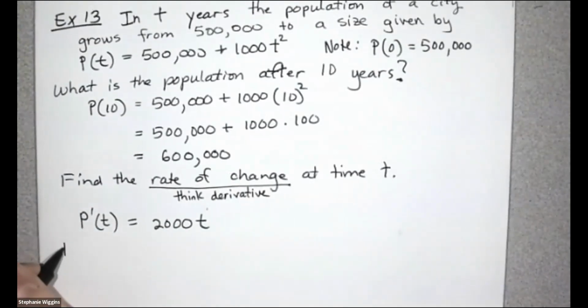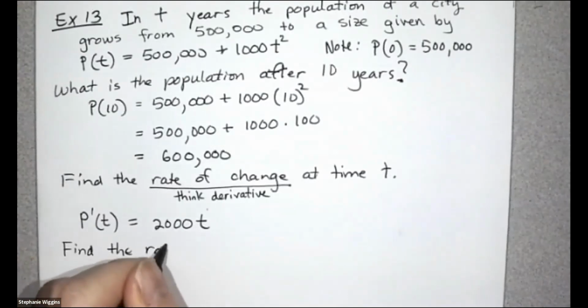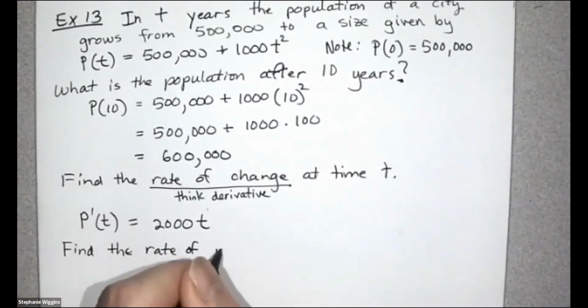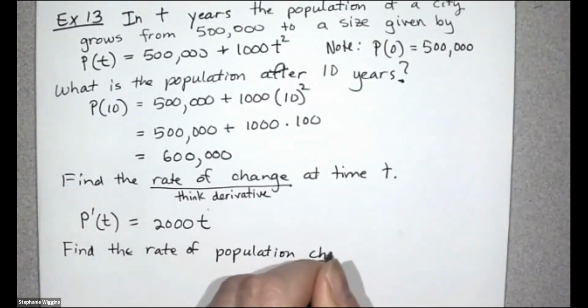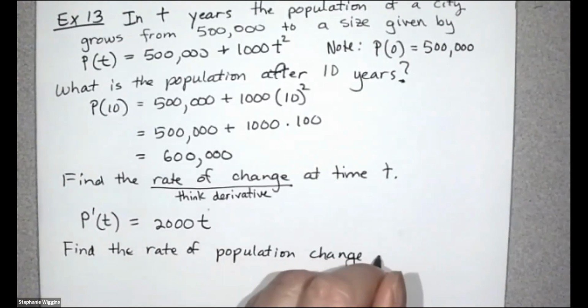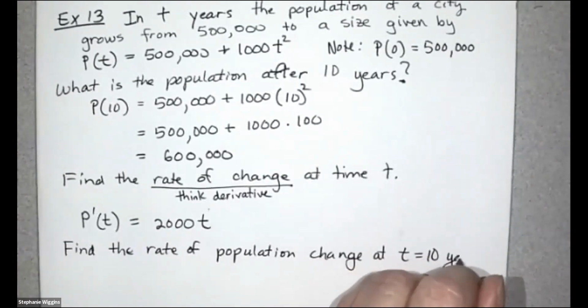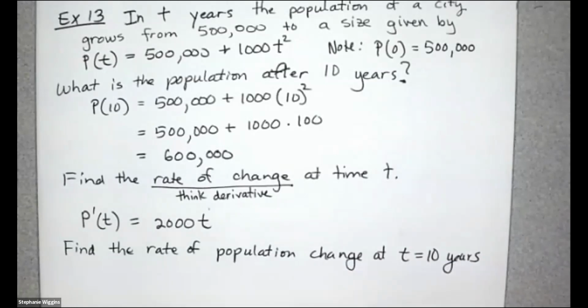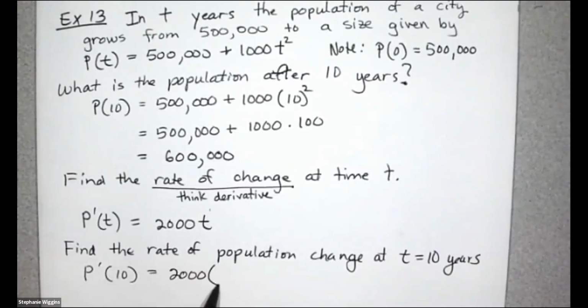So if we want to find the rate of change at t equals 10 years, then we just plug our 10 into our derivative function. And that is 20,000.